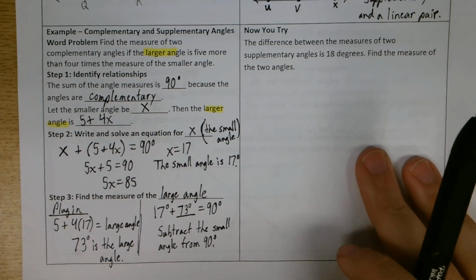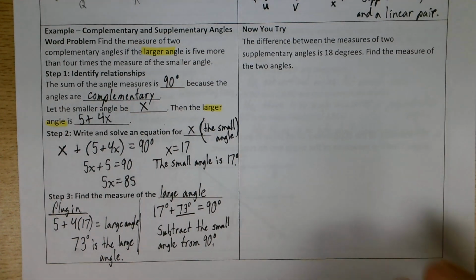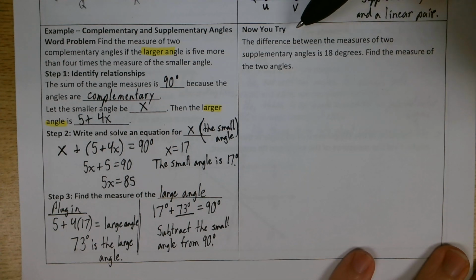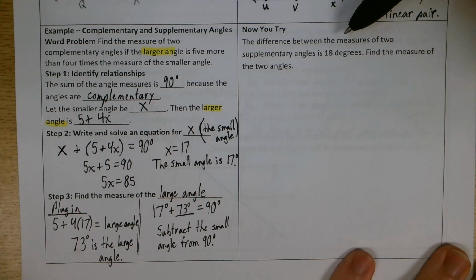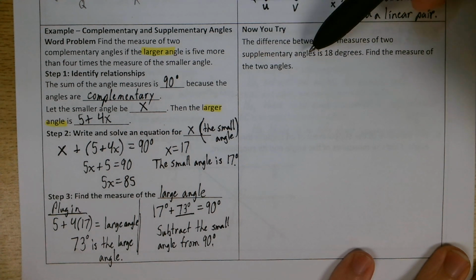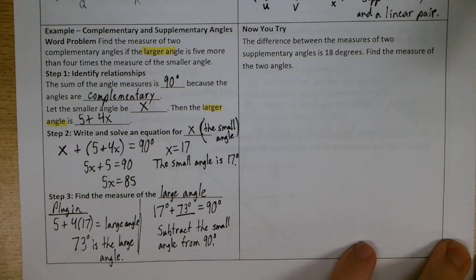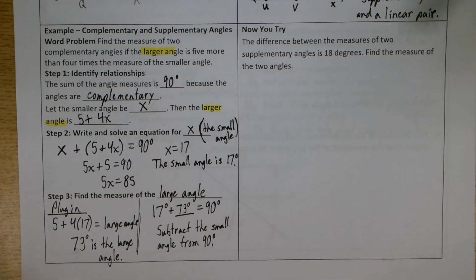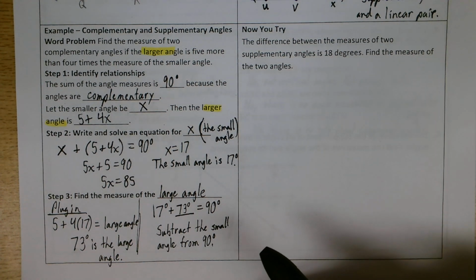We'll see one more example here, and then you had your homework on the back of this. Here we're asked to find the difference. We were told the difference between the measure of two supplementary angles is 18 degrees. And we want to find the measure of the two angles. First off, what are the two angles going to add up to?